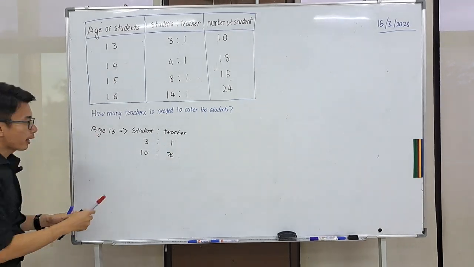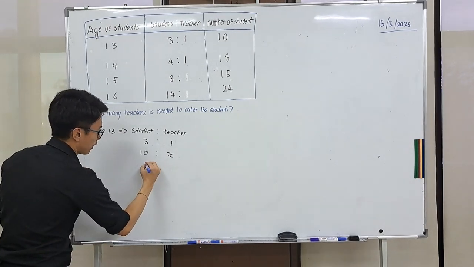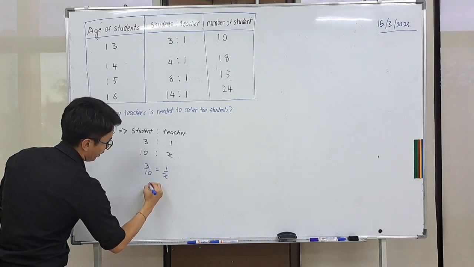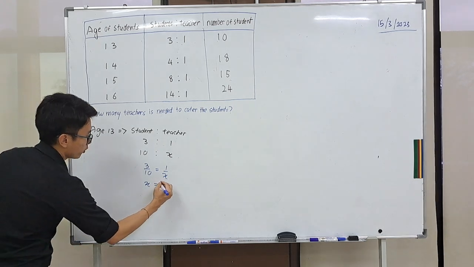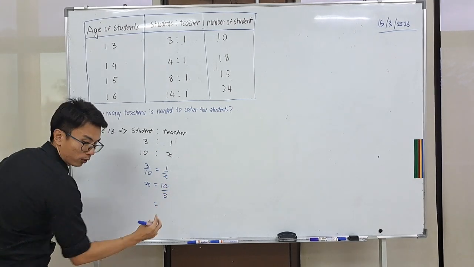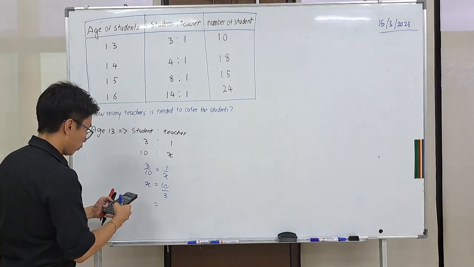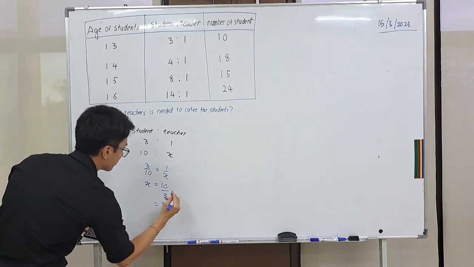Very quickly, I can just change this into an equation. That will be 3 over 10 equals 1 over x. When we solve it, x is going to be 10 over 3. Now, we can use our calculator to work this out, and we will get 3.3 repeating.